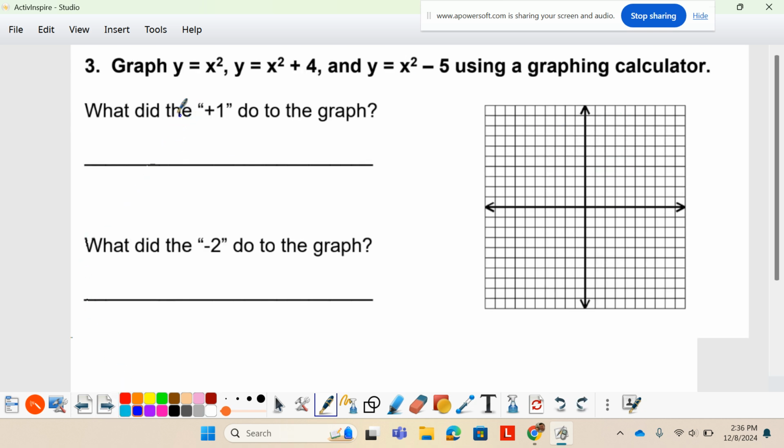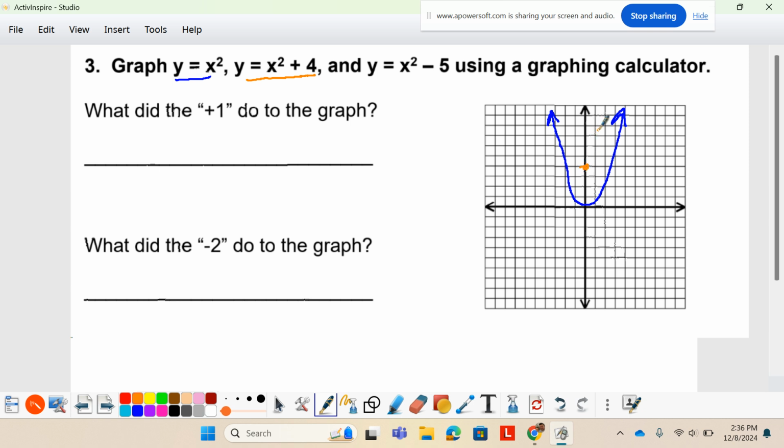Okay, next we have y equals x squared, that we'll go ahead and put on here. If it looks something like that, then when we do y equals x squared plus 4, that's going to move it up 1, 2, 3, 4.